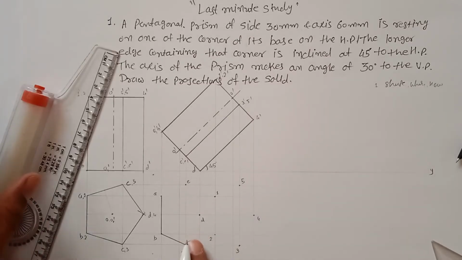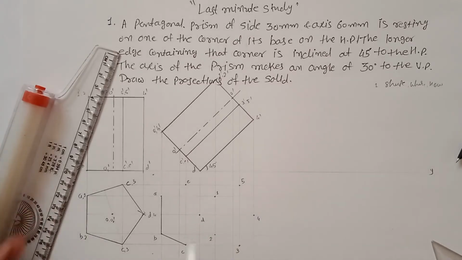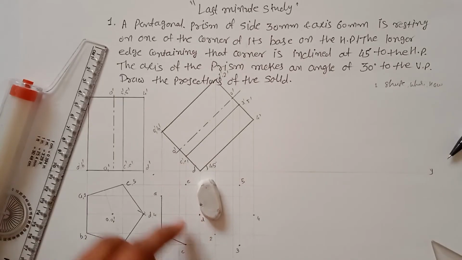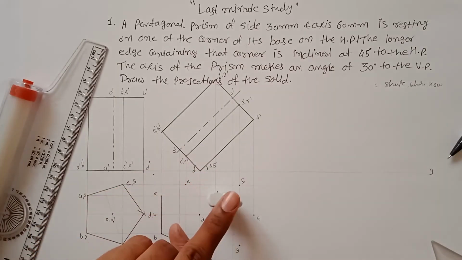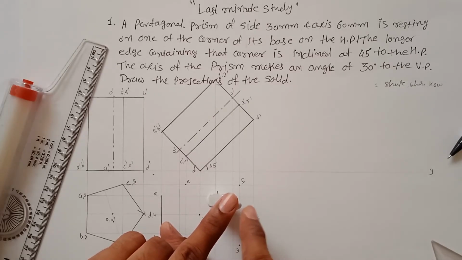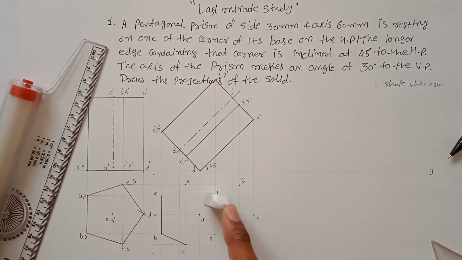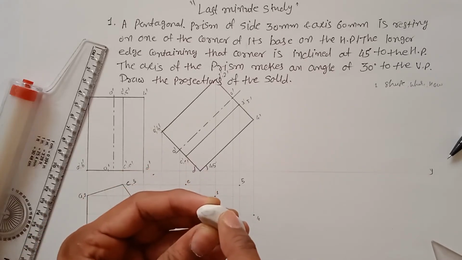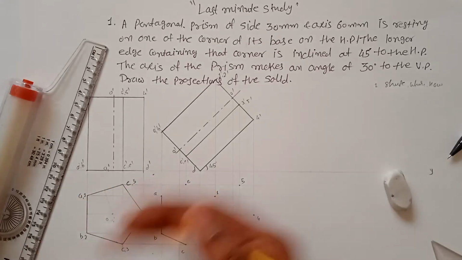Now one piece of information I want to share with you: if this is a solid and you rotate it, then if you observe it from the top, some of the edges and corners are not visible from the top. So you have to draw them with the dash line, which is the hidden part. If you observe it from the top, you cannot see the corner and the edges of this solid over here. So you have to follow this rule.